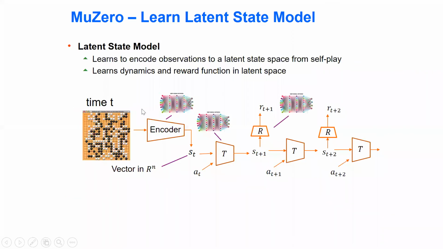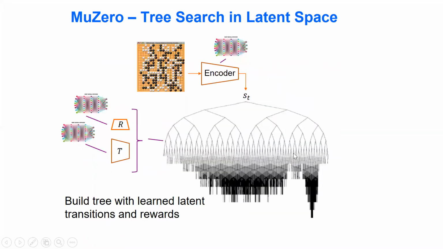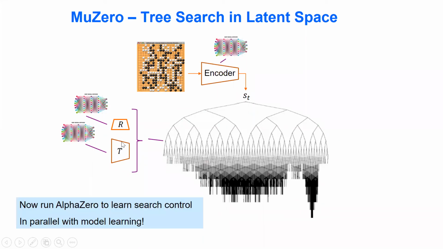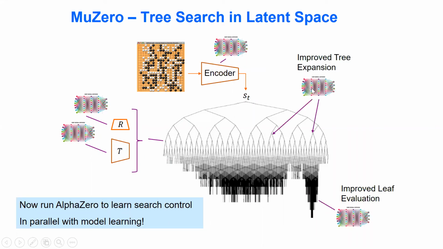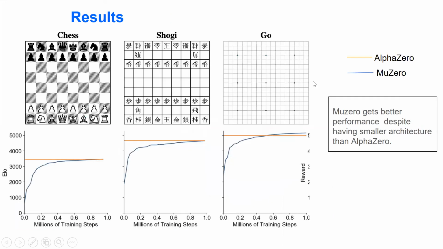But there's just neural networks everywhere now, right? You've got neural networks for the transitions. And so what this looks like is when you get a state, it encodes it into a latent space. Now it's going to build the tree over this latent space, okay, using this R and T. And now, as I said, we could learn also other networks to guide the search.